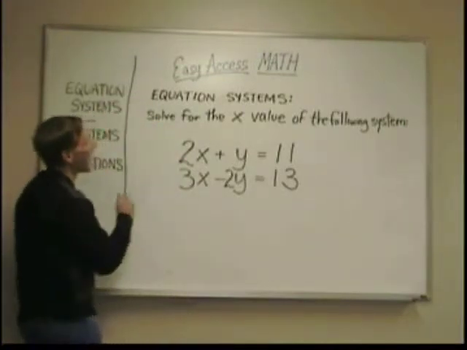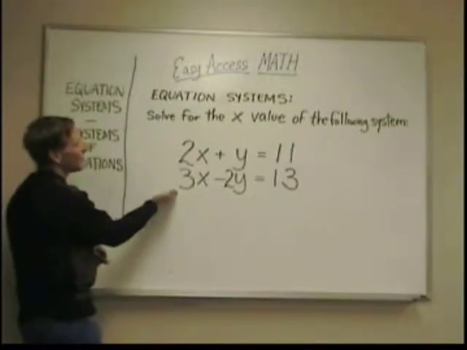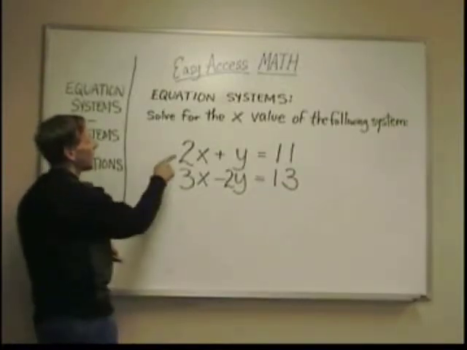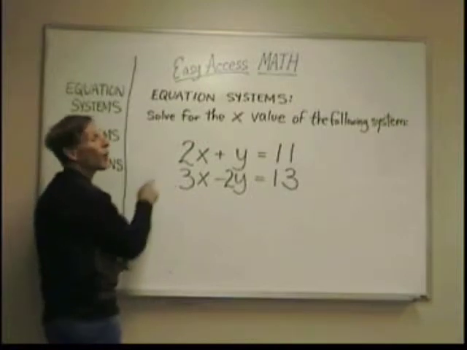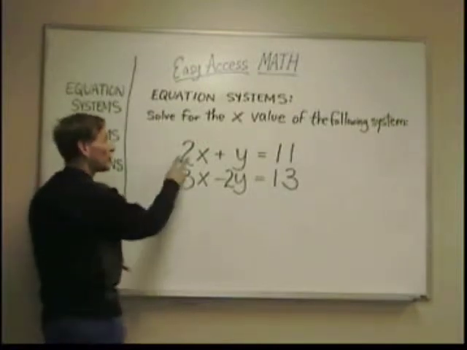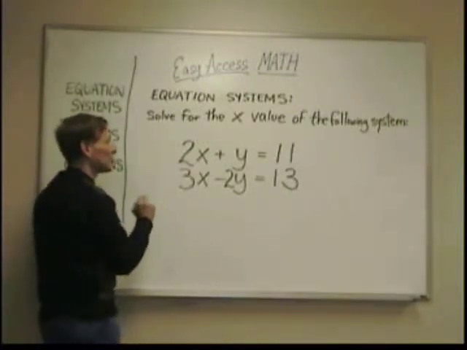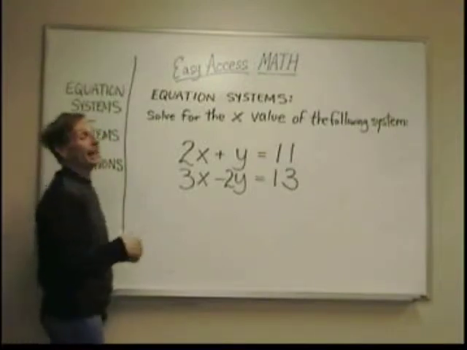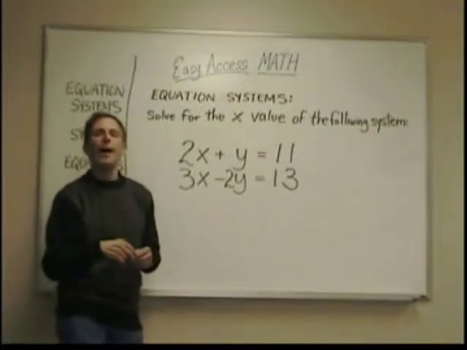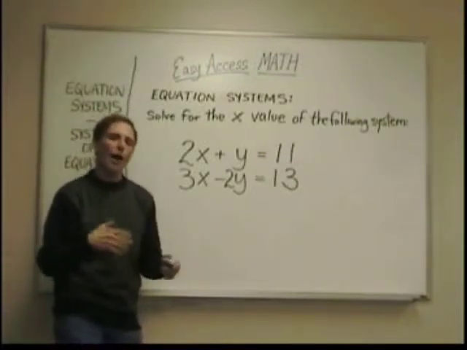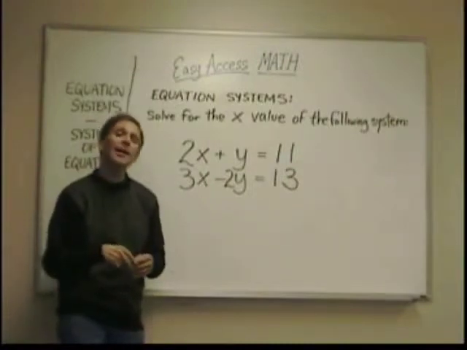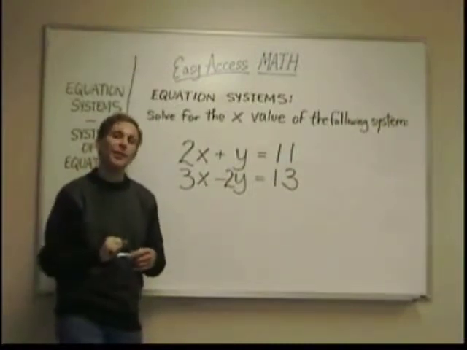So in my case, I have this equation system. An equation system basically has two equations, one on top of the other, with two variables each. And they can be any two different letters. Usually you might see X and Y, or Y and Z, or X and Z, but it could be any two letters.